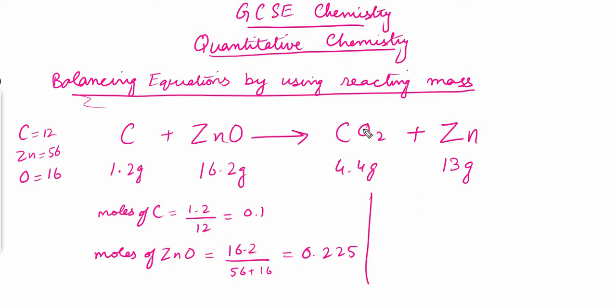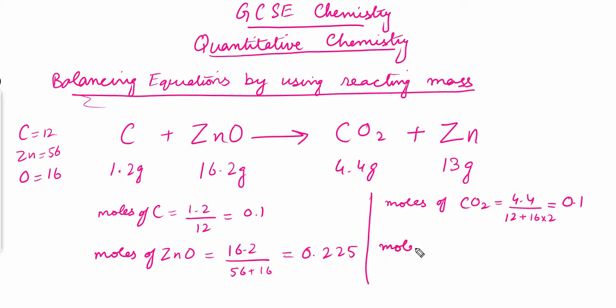Now the moles of carbon dioxide will be equal to 4.4 divided by the molar mass of carbon dioxide, that will be 12 plus 16 times 2, so it will become equal to 0.1.